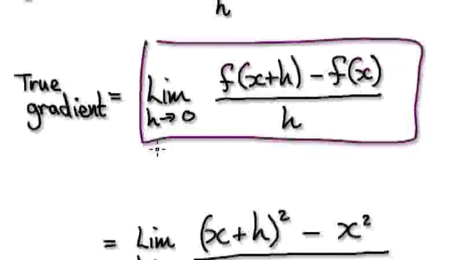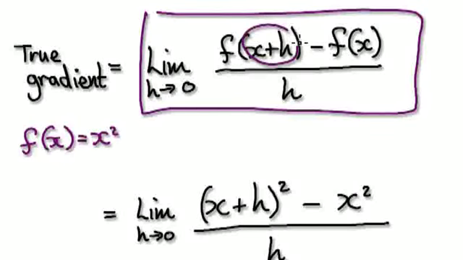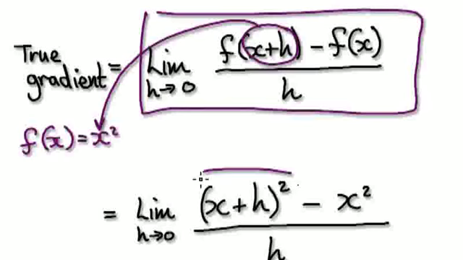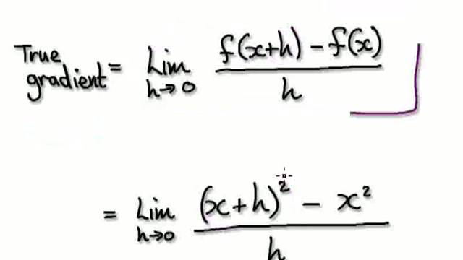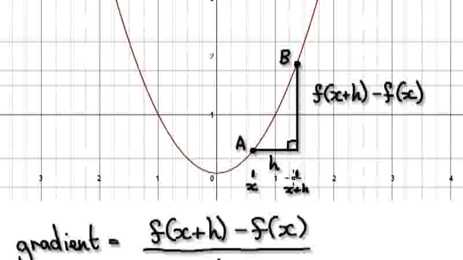Now, currently our function is f of x equals x squared. If you put this into the x here, it would be this. My point is that if you look at our original diagram, this point here is x plus h.